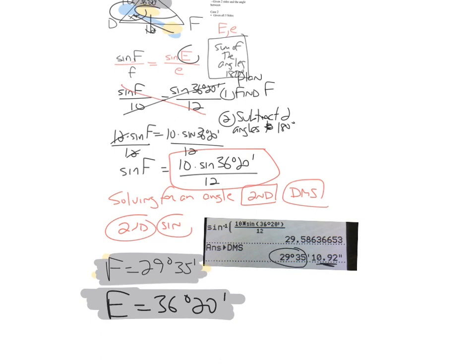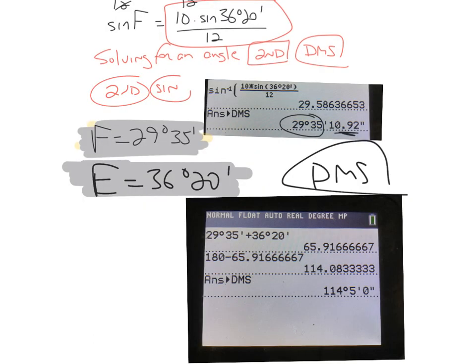And again, since I'm finding an angle, I'm not going to forget to do DMS. So I'm going to have angle D is 114 degrees and 5 minutes. Make sure you include these photos on your assignment.